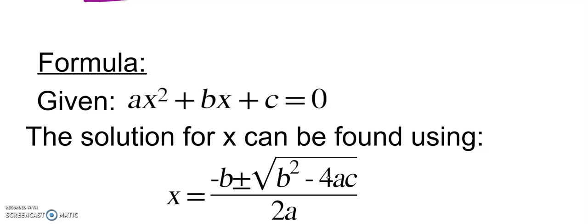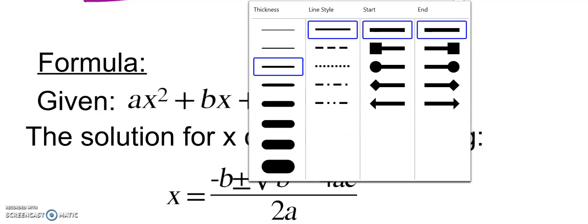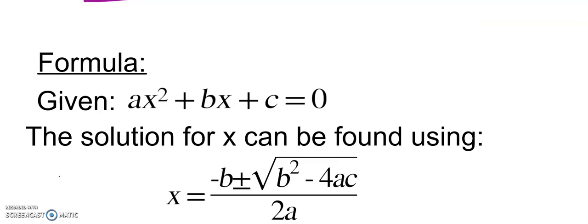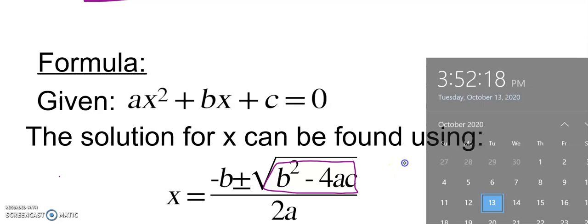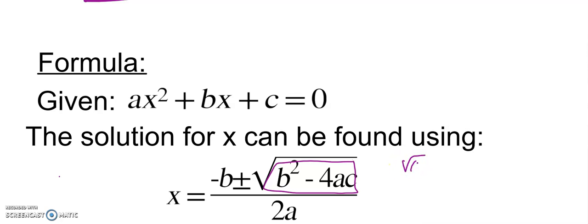Now, the thing that we have to be careful of, ladies and gentlemen, when we're solving quadratic equations, is the square root. You see, we have a problem with square roots. This part inside of here. There are only certain types of numbers that I know how to square root. Like, for example, if I have the square root of 16, I know the answer is 4. If I have the square root of 12, I know that's 2 square root of 3. I can do that.